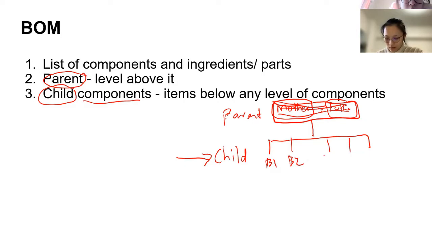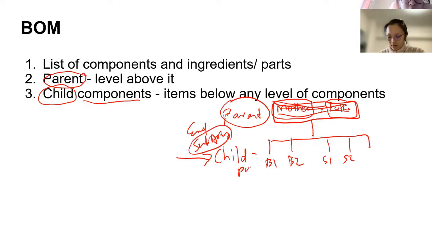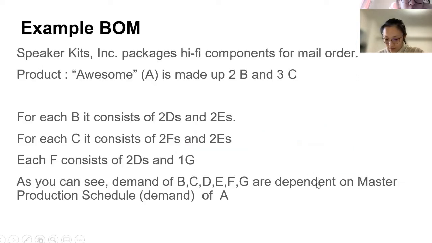I have 4, so I have sister 1, sister 2. So this is the child. All products will have the end product, which is the parent, or the sub-assembly. Then you have child parts, meaning the components, the raw materials. Understand? Okay. So we're going to make this bill of material.